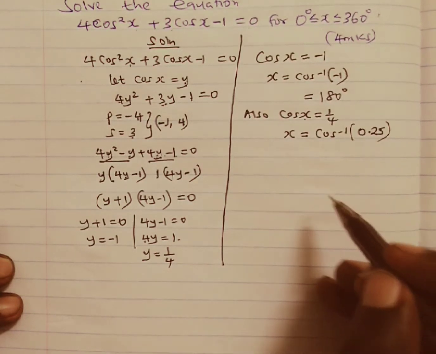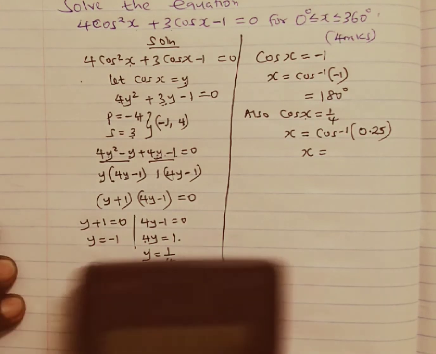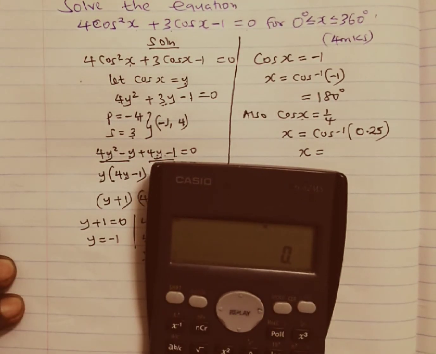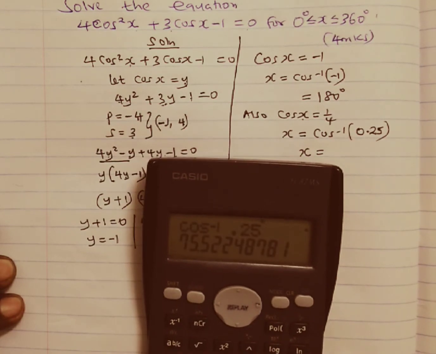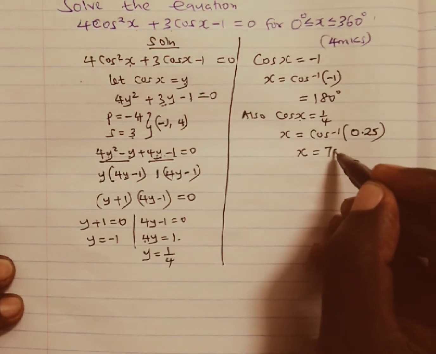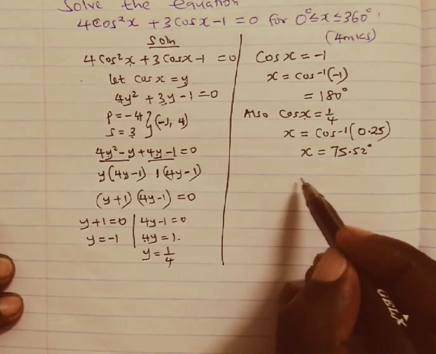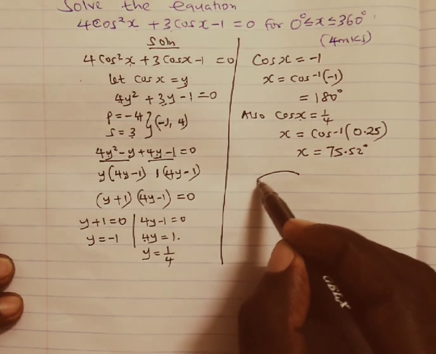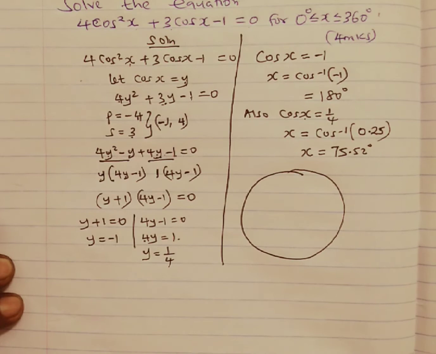If you take the cos inverse of 0.25, it gives us 75.52 degrees. So let us use the unit circle so that we can get all the values that we need.